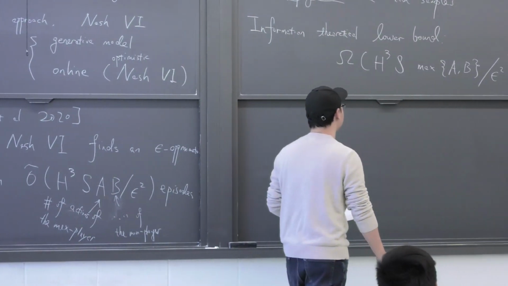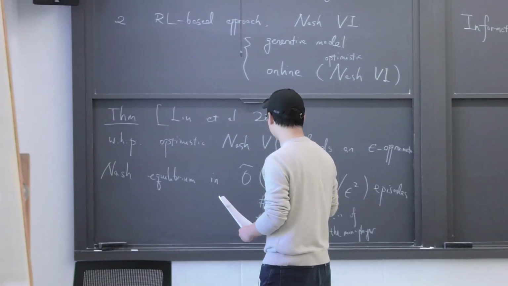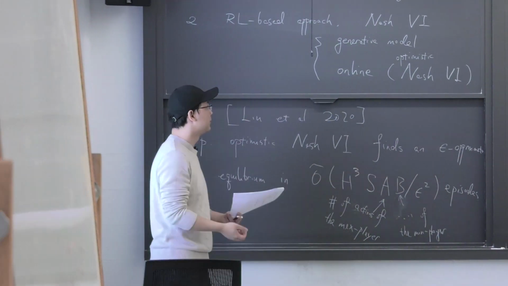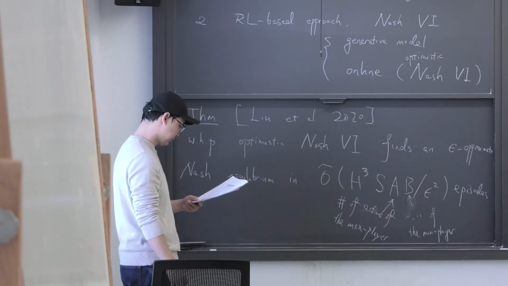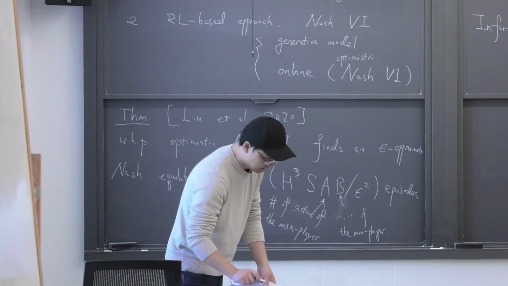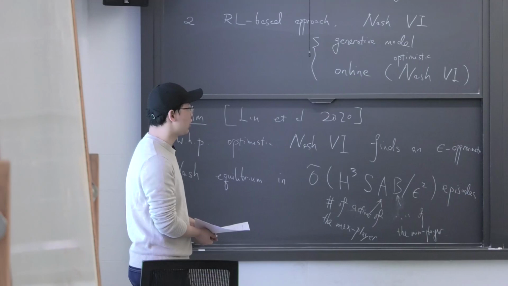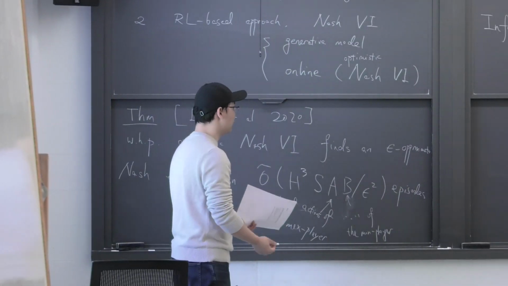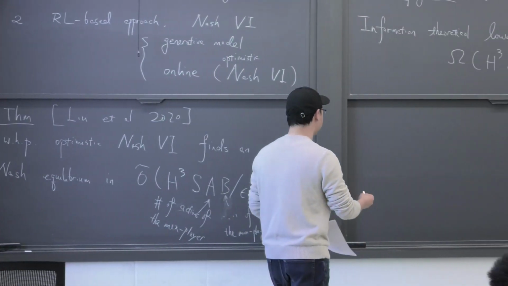In this complexity, we only need to pay the max number of actions of both players. So this leads to some unique challenges in multi-agent reinforcement learning that we want to talk about.